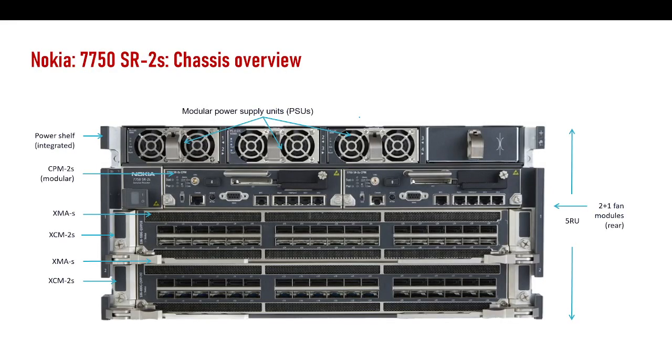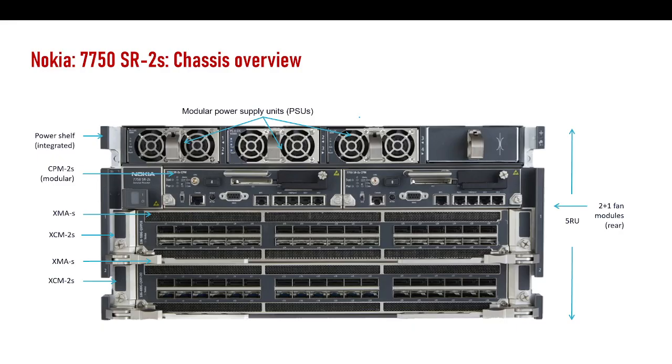If it's for the primary card, the module, when you check the front view, you can replace a line card, you can replace the control card. So this is the main advantage of having the modular chassis. You can always increase the capacity. If you want another 100G card, you can add another 100G card.